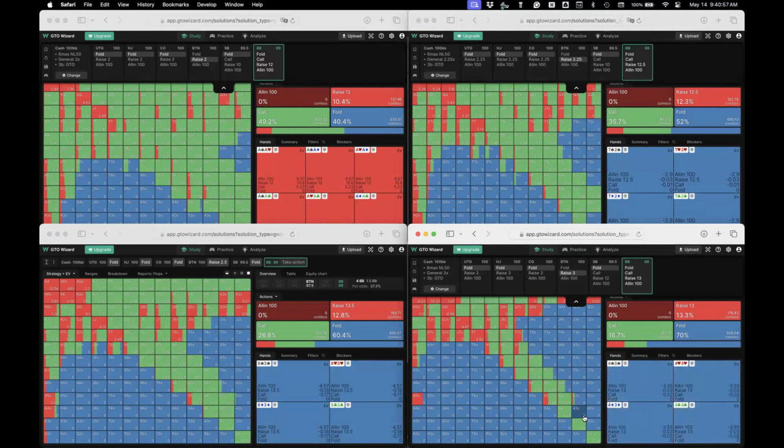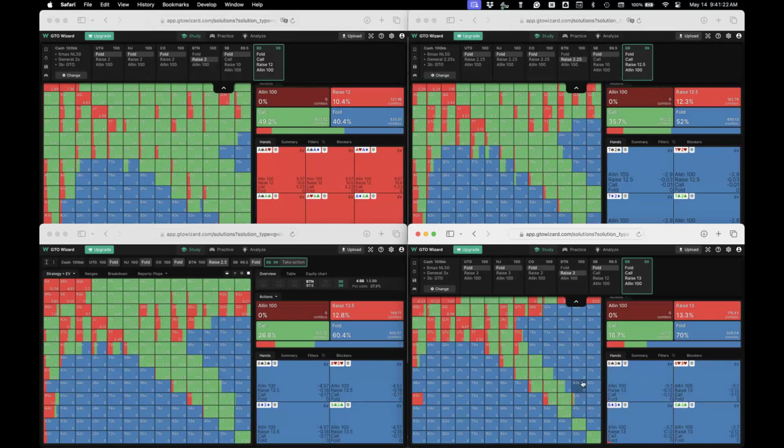I am making some adjustments, but not that dramatic. This is tighter than the 2.5 low jack open. This is tighter, by the way, than the 2.5 low jack -1. This is tighter than low jack -2.